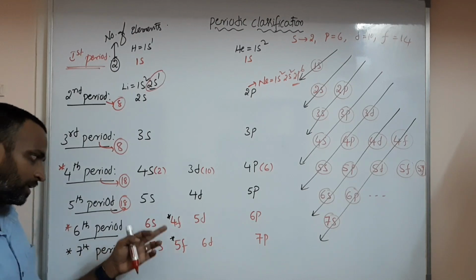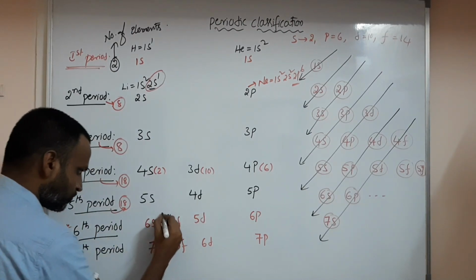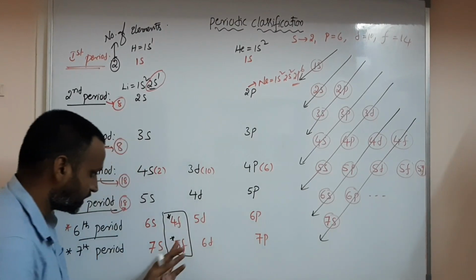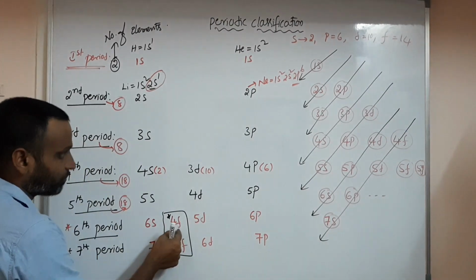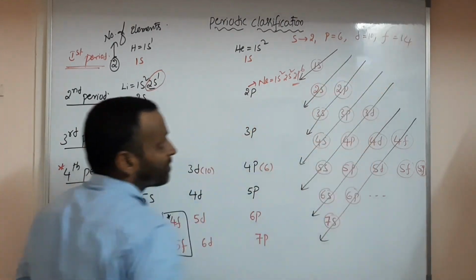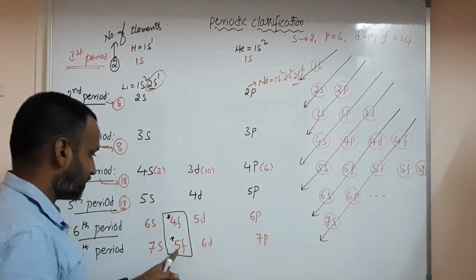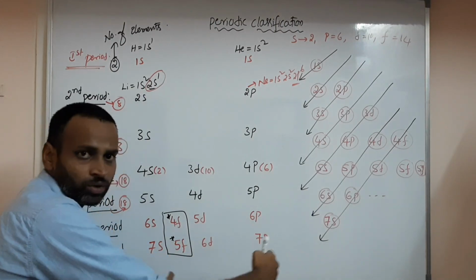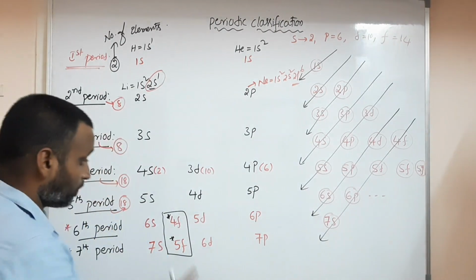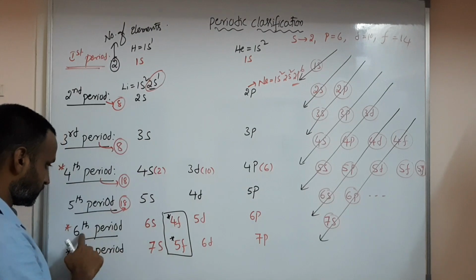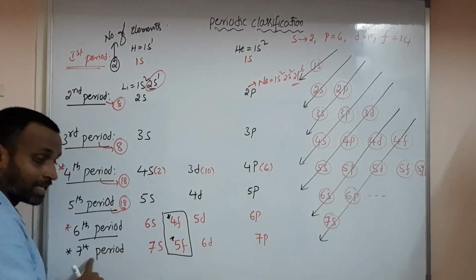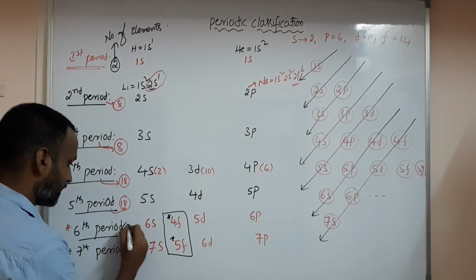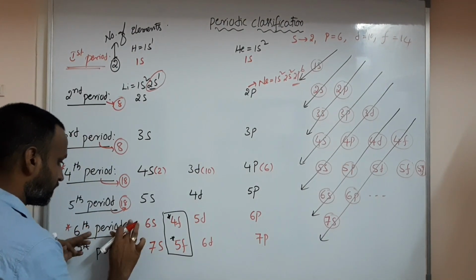In the 6th period, as usual, this 4f and 5f we will write at the bottom actually: 4f series and 5f series. F can have how many elements? 14. This 5f, 14. 14 elements as the 4f series, 14 elements as the 5f series we will write, but those 4f come under the 6th period, those 5f elements will come under the 7th period. So in the 6th period there can be 32 elements.